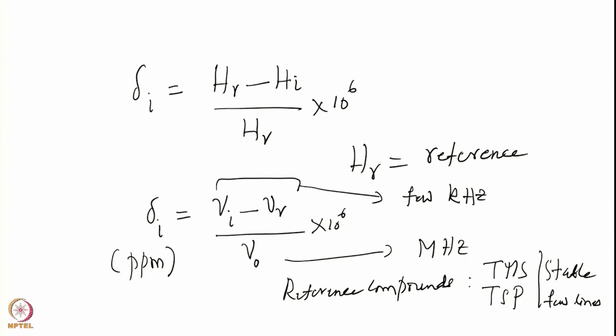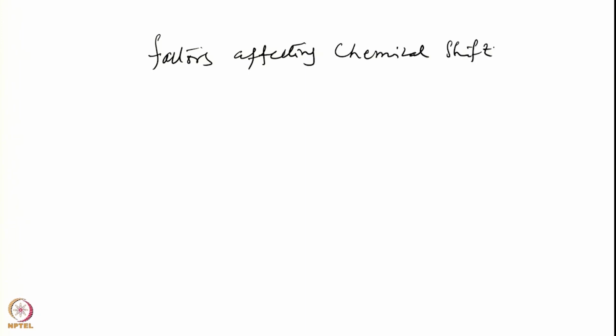Now we will see briefly what parameters determine the chemical shift. Factors affecting chemical shift. First, electronegativities, electronegativity groups.